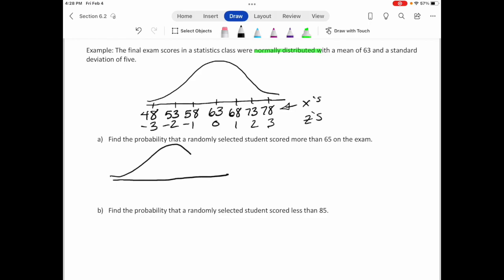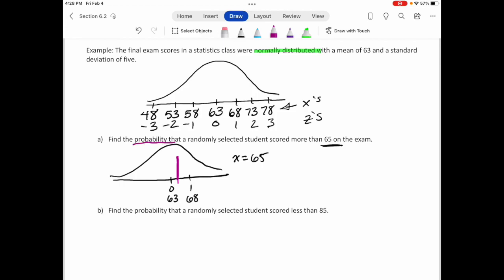So if I look at it in terms of my Z's, because that's what I have to use for the table, Z equals 0 corresponds to my X value, which is 63. Z equals 1 corresponds to my X value, 68. So I know if X is 65, that's what we're looking for, it's going to fall somewhere in here. So I know it's going to be between Z equals 0 and Z equals 1.